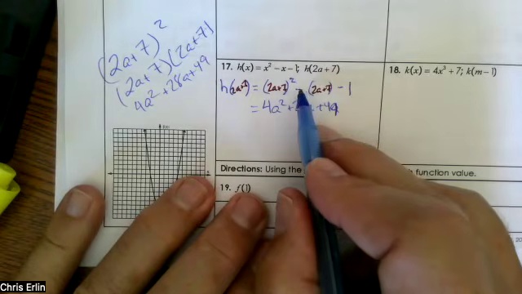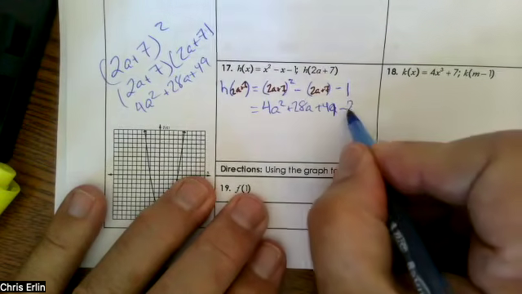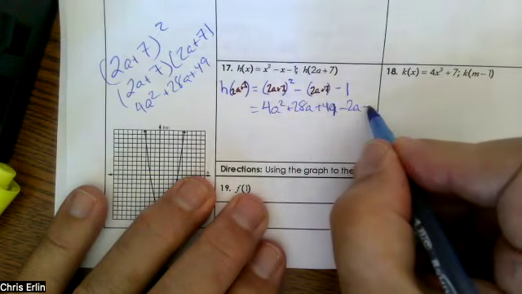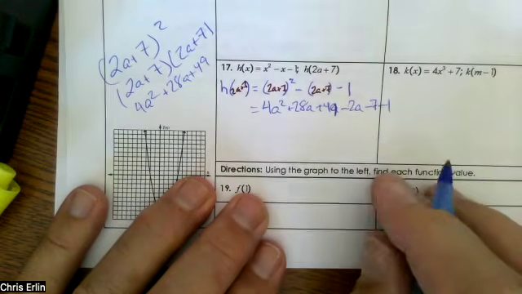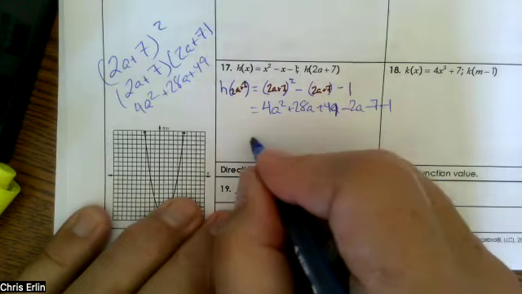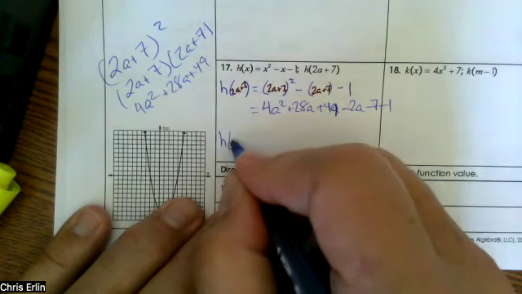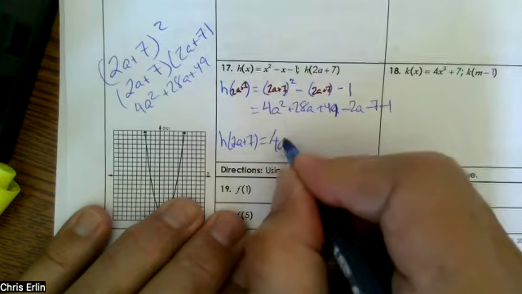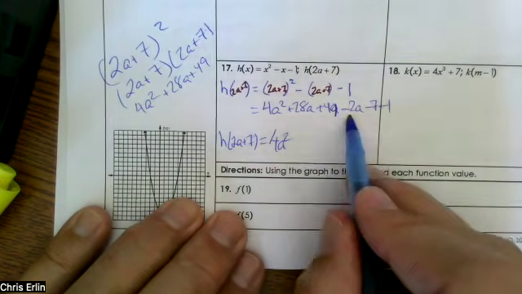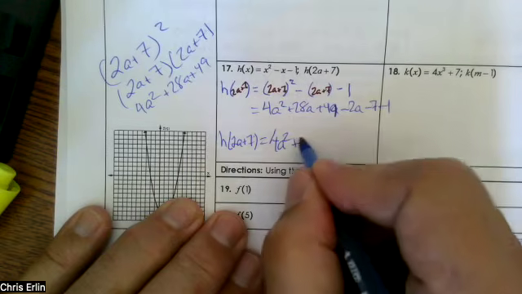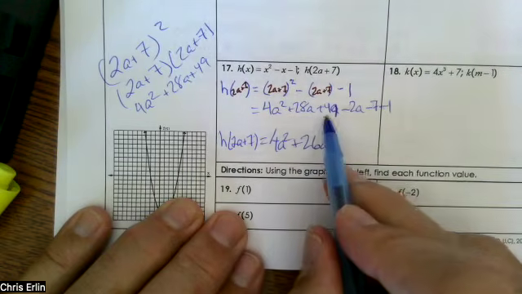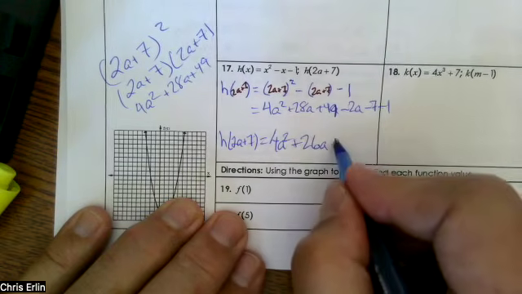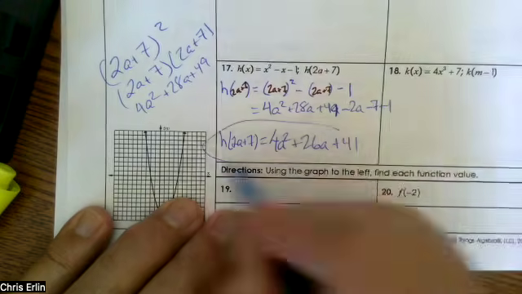I have to distribute this negative through. So minus 2a minus 7 minus 1. And then combine like terms. 28a minus 2a is going to be 26a. 49 minus 8 is plus 41.